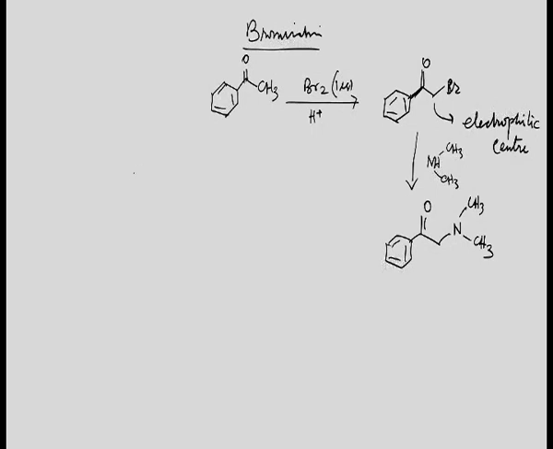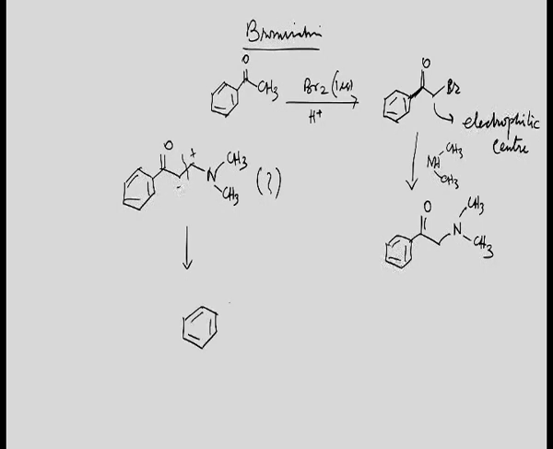Now, the question is how to get this compound. In this case, you have to disconnect here, minus and plus, and if you put a plus, it is actually a double bond you can put, and this is the iminium ion.